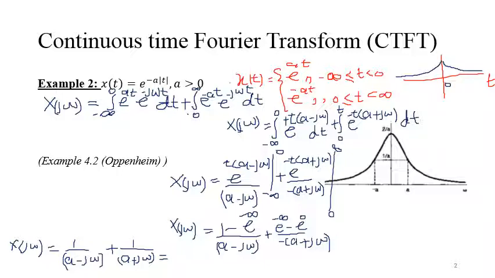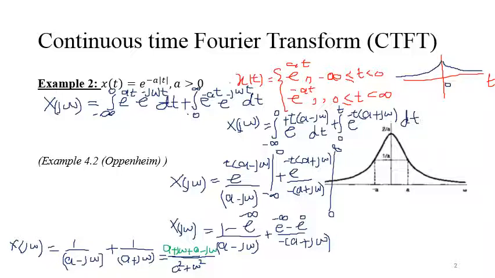So the denominator will be a square plus omega square, and in the numerator we have a plus j omega plus a minus j omega.